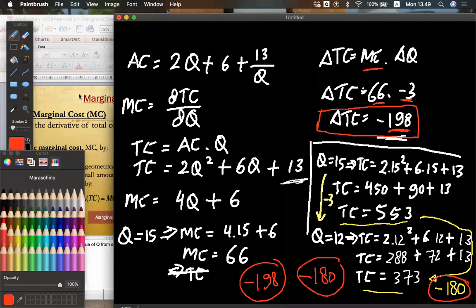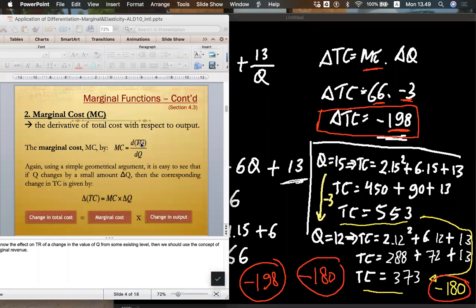So actually we can easily calculate the change of the original function if there is a change in the other variable, in this case in quantity or output, because this is a cost.